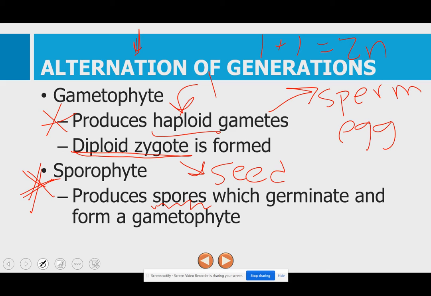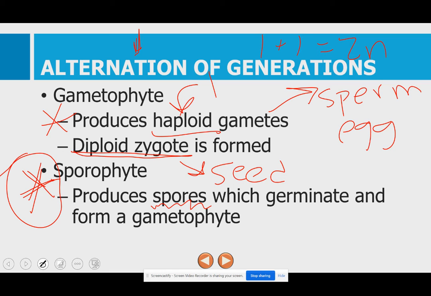This is a sexual reproductive cycle, which means you're getting a mix of genetic information. You are getting diversity as far as the genes go, and that is a good thing. All right, so in our plants that have vascular tissue, which would be our ferns, our gymnosperms, and our angiosperms, it's going to be the sporophyte stage that is the most dominant and the most visible.